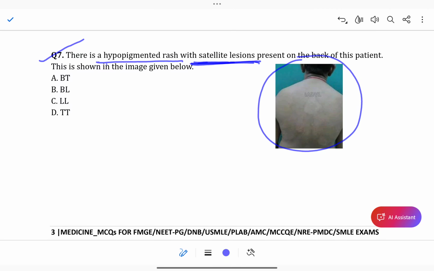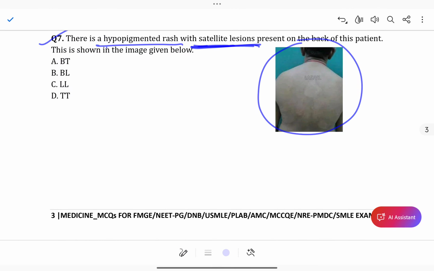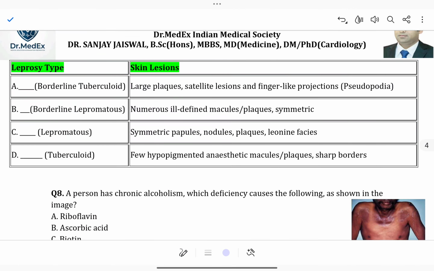Another is the satellite lesions present on the back of this patient, and the third key point is that the question has given the image. So we have 3 key points to find the answer. What is the answer? I will tell you later. First of all, come for the explanation.